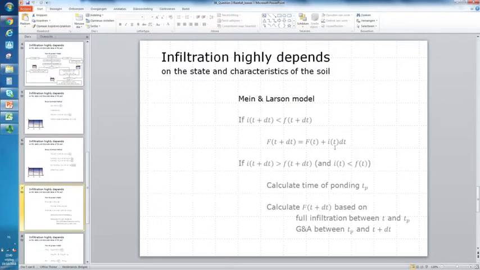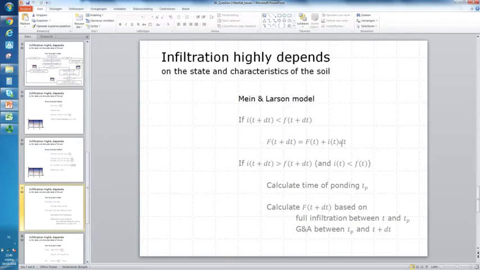And there we actually use just this formula, which says that the total amount of infiltration at the end of the interval is equal to the amount of infiltrated water at the start of the interval plus all the water that falls as precipitation, because we actually assume that everything is infiltrated.